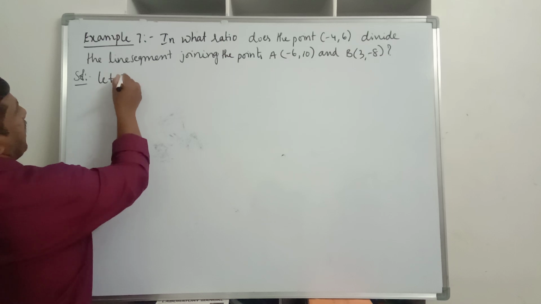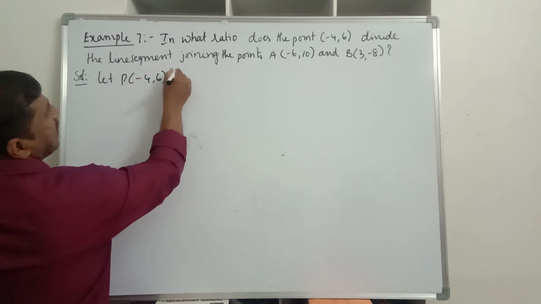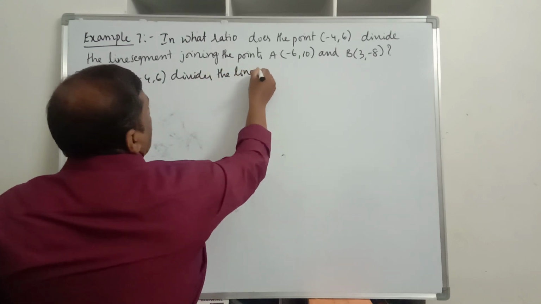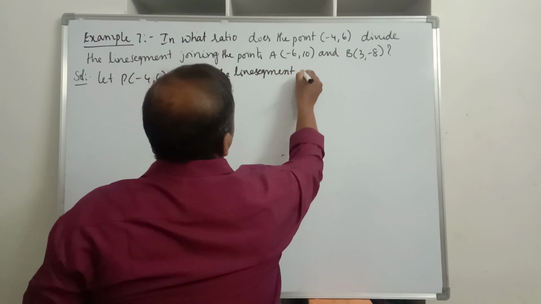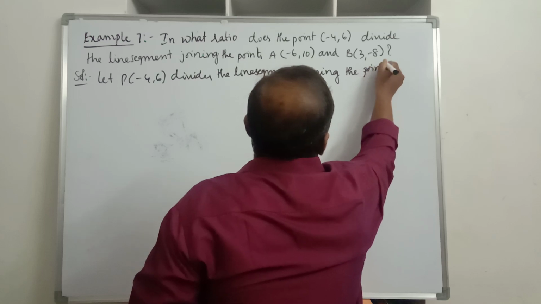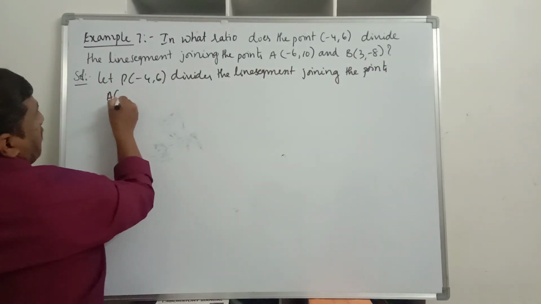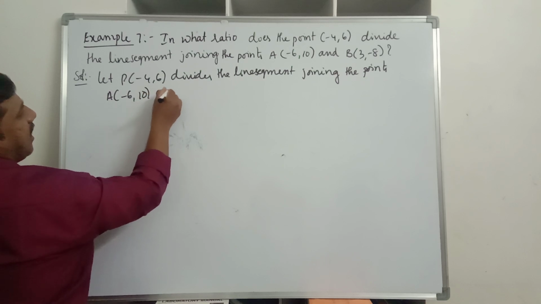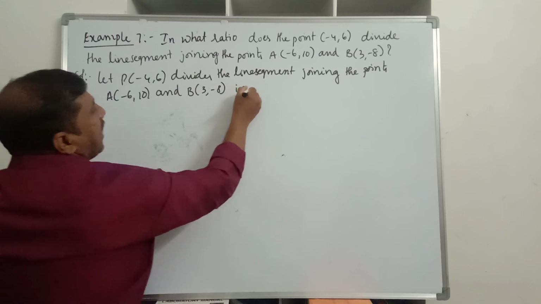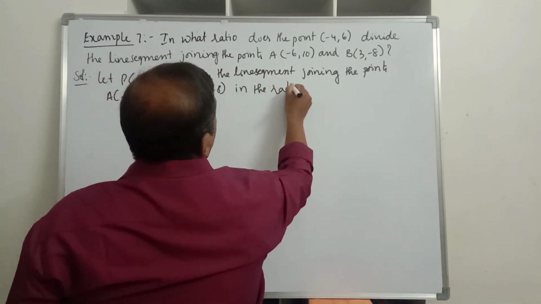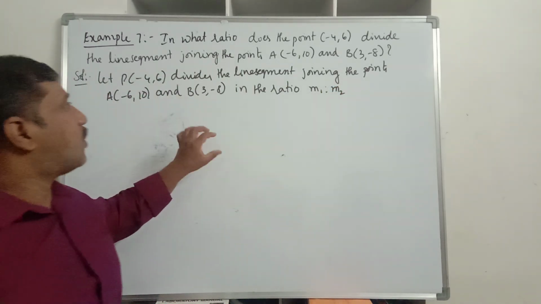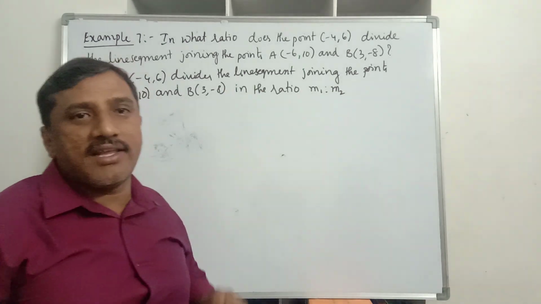Let P(-4, 6) divide the line segment joining the points A(-6, 10) and B(3, -8) in the ratio m1 is to m2. So we know the 3 points, we have to find the ratio.